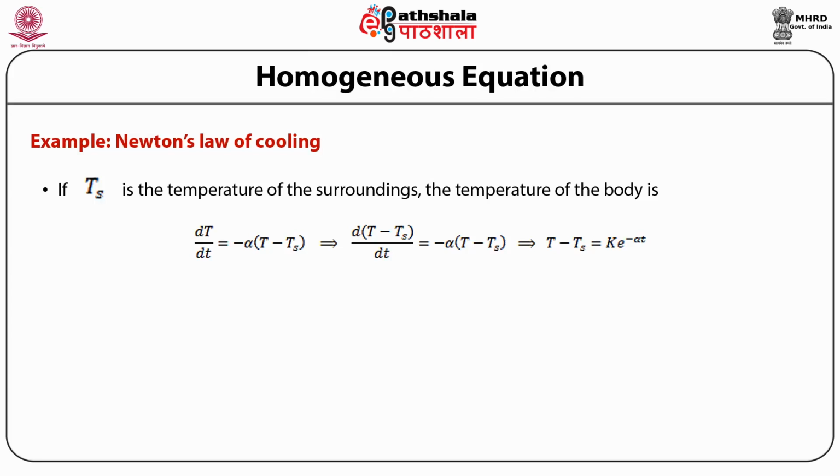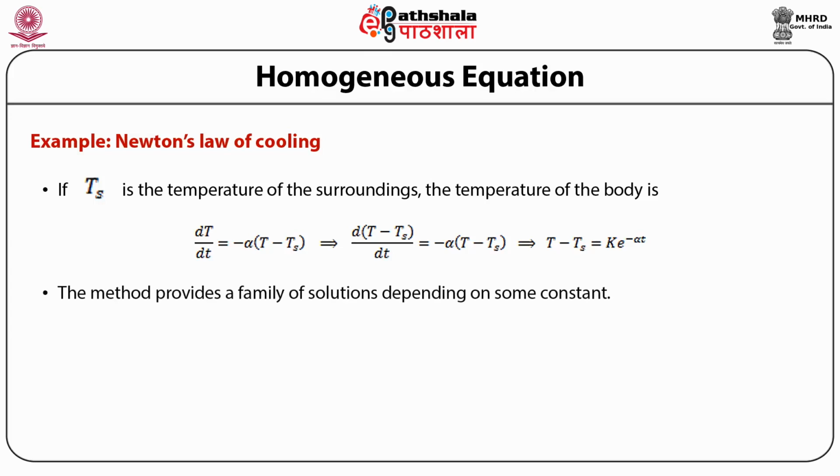The equation can also be written as d of T minus Ts by dt is equal to minus alpha times T minus Ts. On integrating the equation, we obtain T minus Ts is equal to k times e raised to the power minus alpha t. The method provides a family of solutions depending on some constant. One initial condition is required to select a unique solution to the problem.